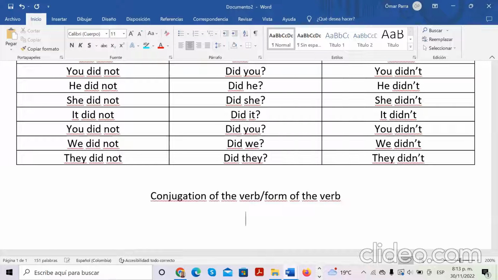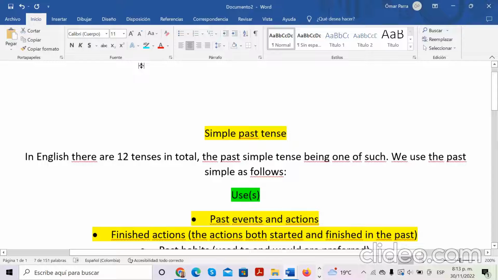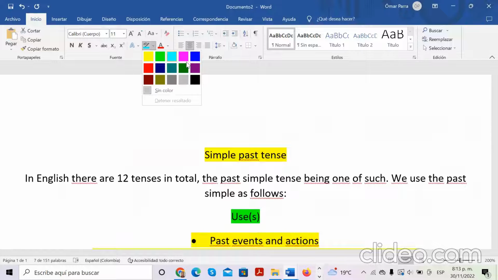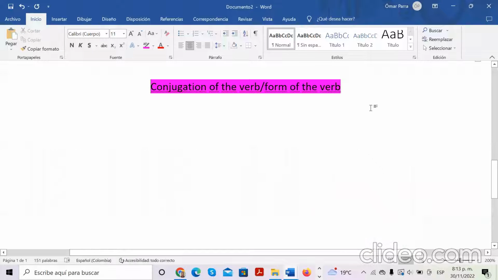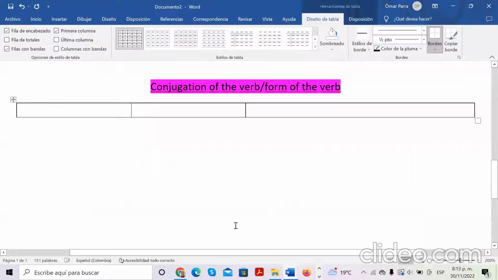Now, when it comes to the simple past tense, it's important that we make the distinction between regular and irregular verbs. And again, I'm going to draw a chart to understand the difference. You have access to the books, and I think it's page 175.